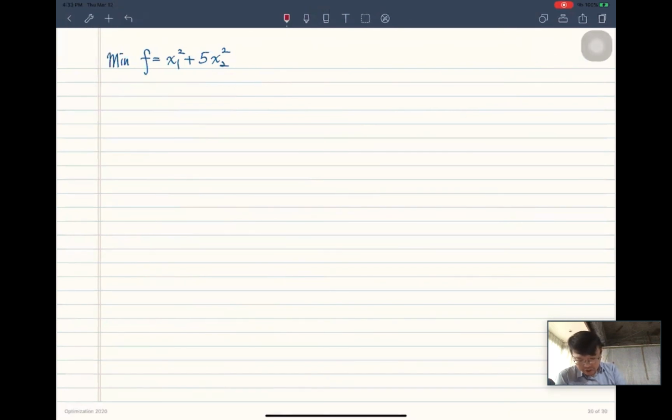If we look at a 2D drawing like this, here is x1, here is x2, and supposedly the contour should look like this, right?